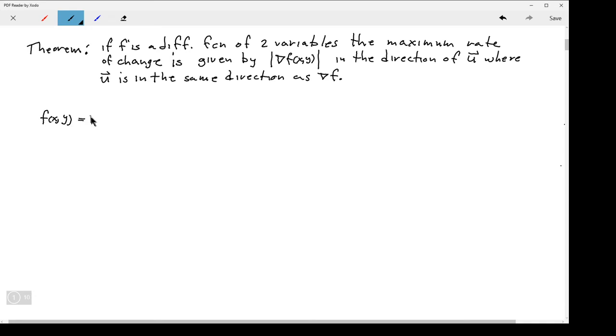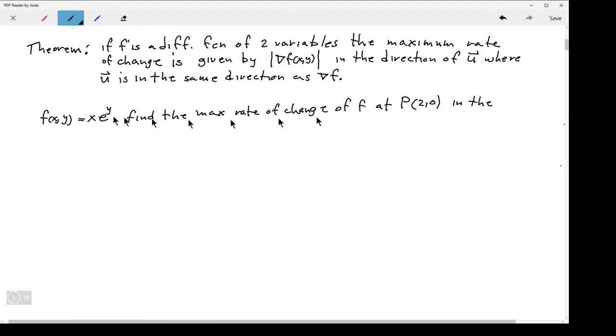I want to find the maximum rate of change of f at, we'll say, point P, where P is (2, 0), in the direction from P to Q, where Q is the point (1/2, 2).